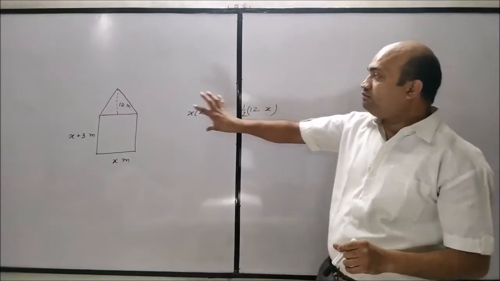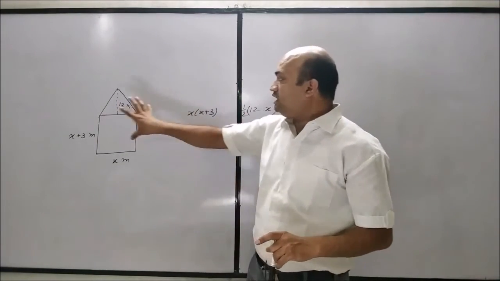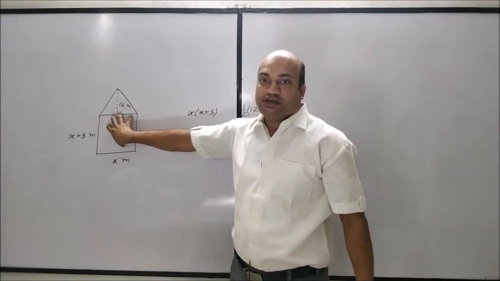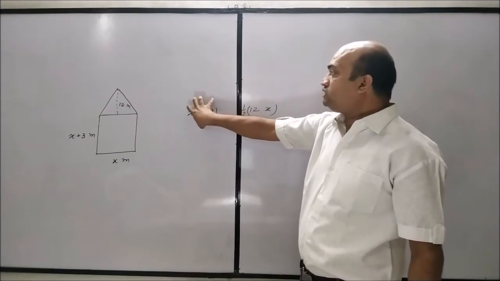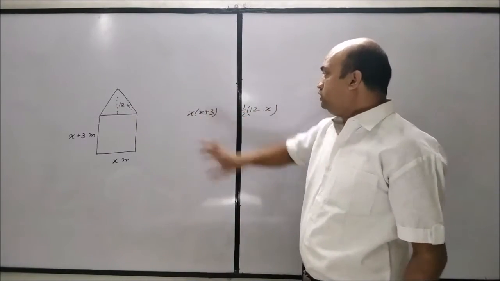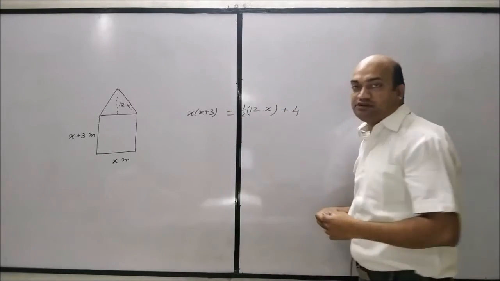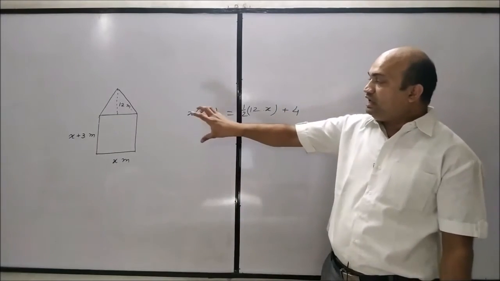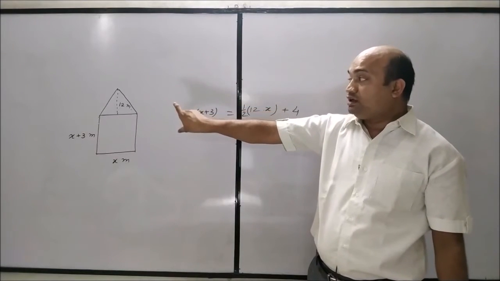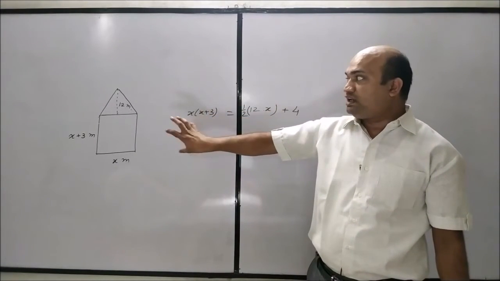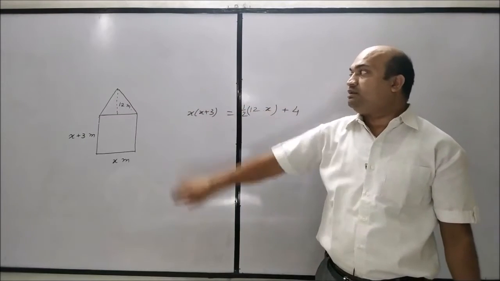This is the area of the triangular park and this is the area of the rectangular park. And this area is 4 square meters more. So what do we do? We add 4 here to make the two equal. It is said that the area of the rectangle is 4 more than the area of the triangle.